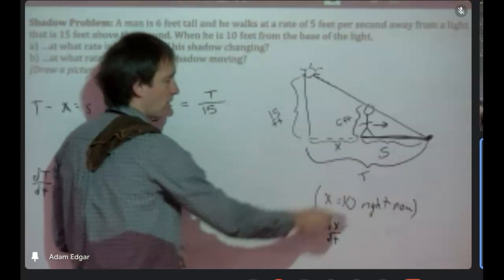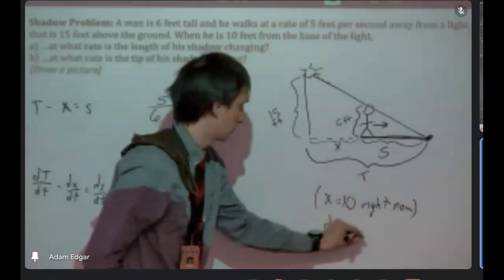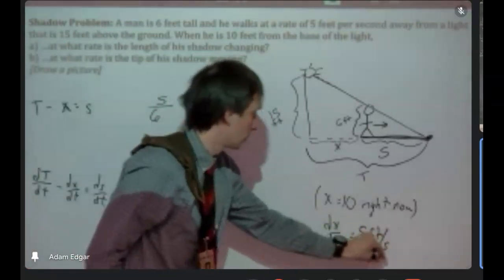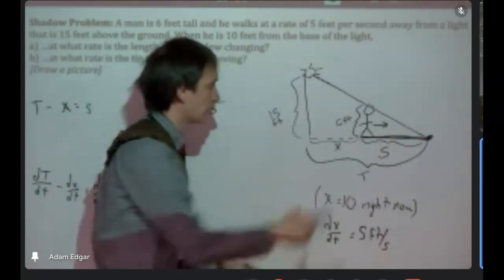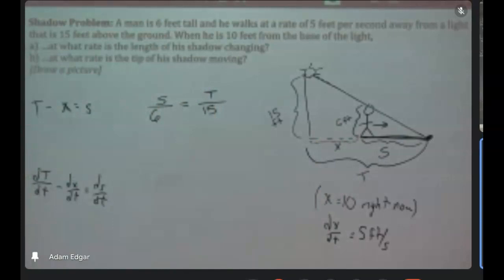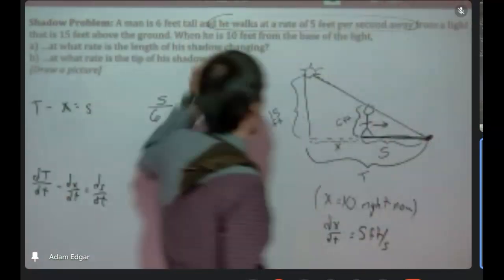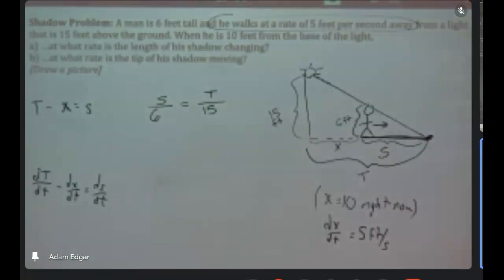So dx/dt is 5. So as you walk away, that's changing the distance between you and the lamp at that rate. He walks at a rate of 5 feet per second away from the light. So you could fill in dx/dt over here. But since you don't know these other things yet, you can't solve that.